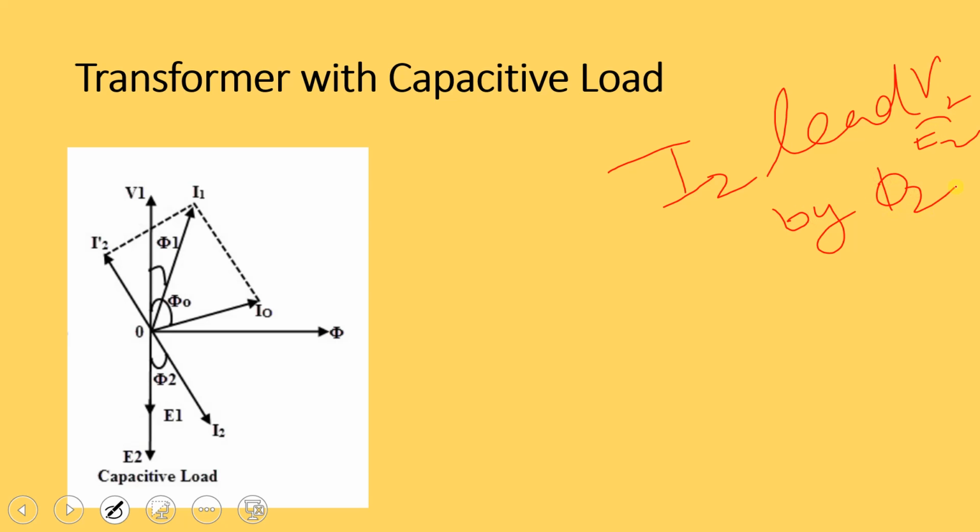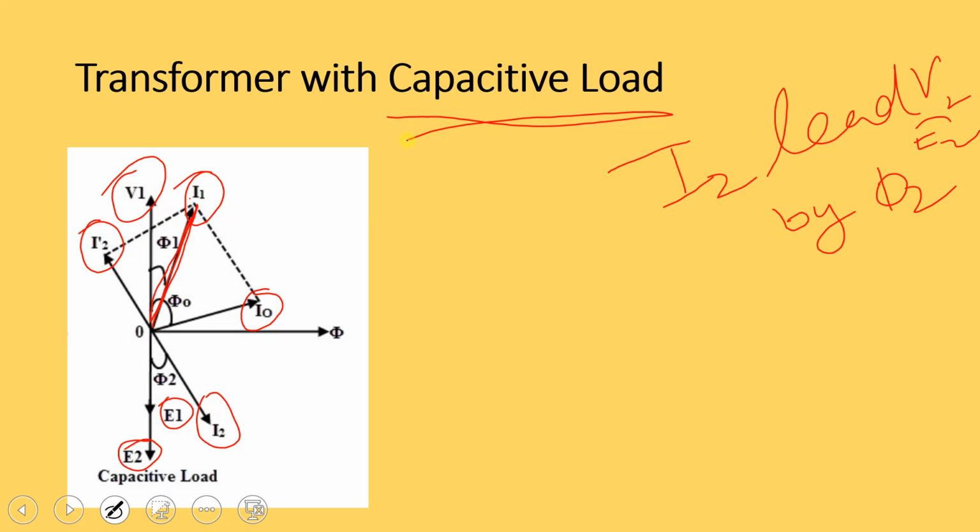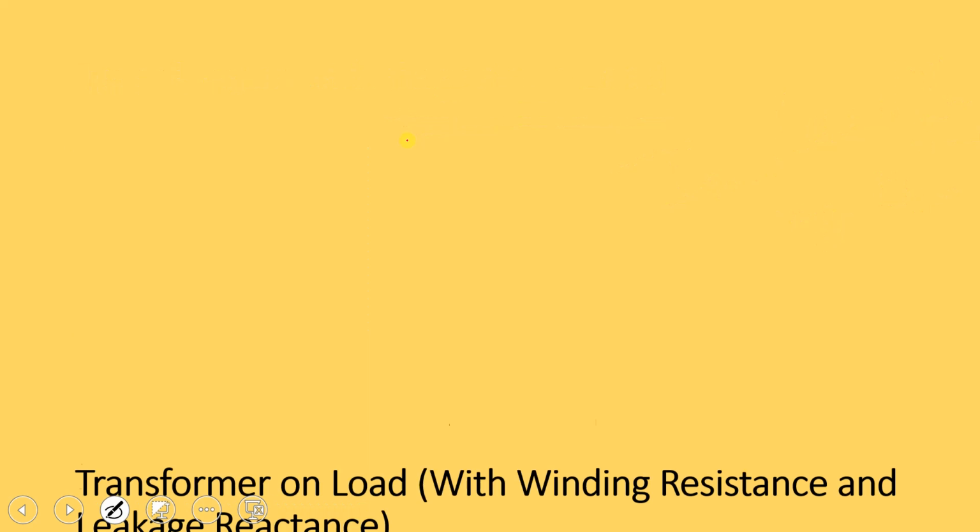So this is our V2, its opposite is our I2 dash, this is V1 on the primary, E1 the induced voltage in the opposite direction, this is E2, and this is our no load current. Now complete the parallelogram, and this is our resultant. So this we want to find out. So this is about the capacitive load.